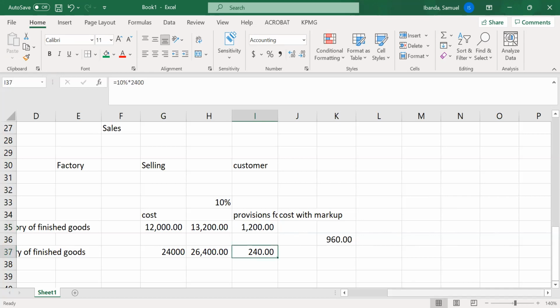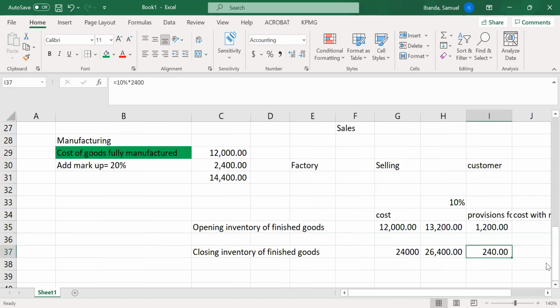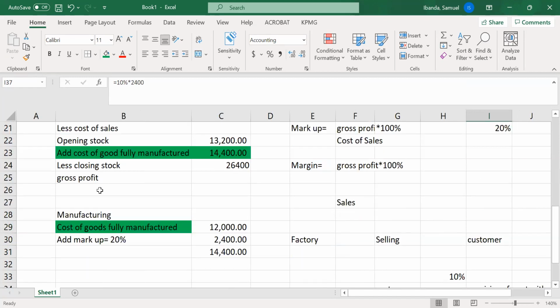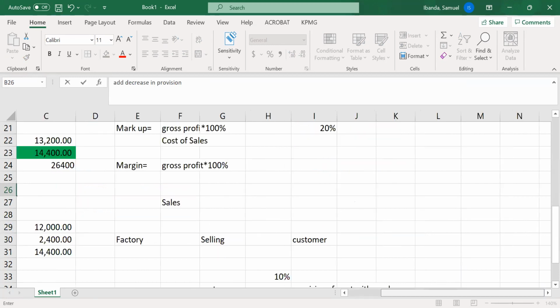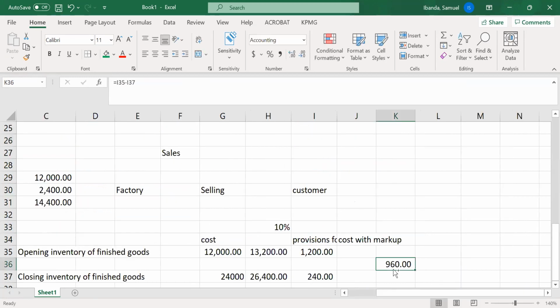Now, in this case, this will be like an additional income. After my gross profit, I'll add, okay? I'll add the decrease in provision, okay? For the unrealized profits, and I will put my 960 right there.